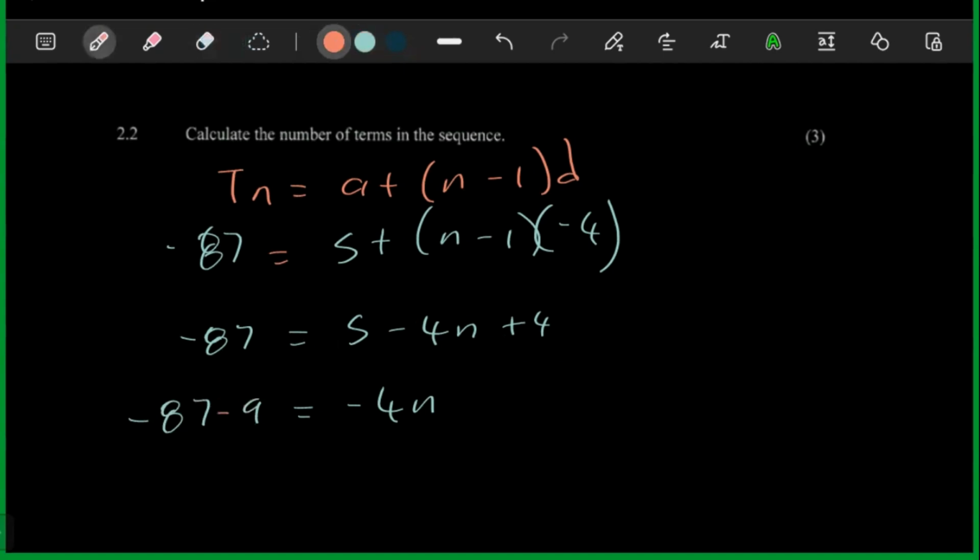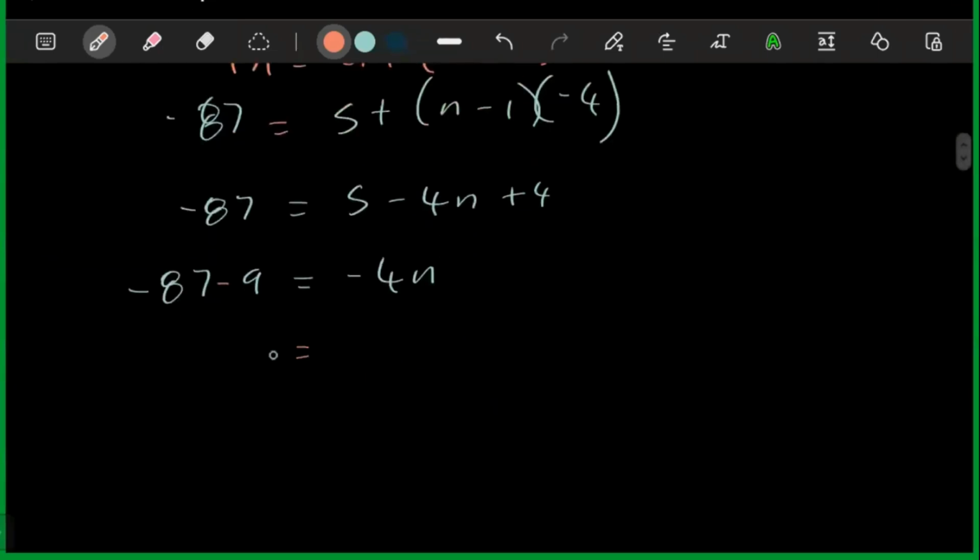To be honest, the one thing to always look out for with whatever kind of question you need to answer is to just focus on what your signs look like, because your signs will definitely throw you off if you're not careful. So this here divided by -4 is -4 divided by -4.